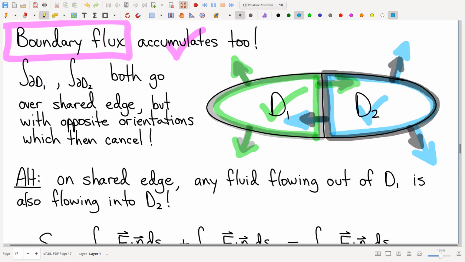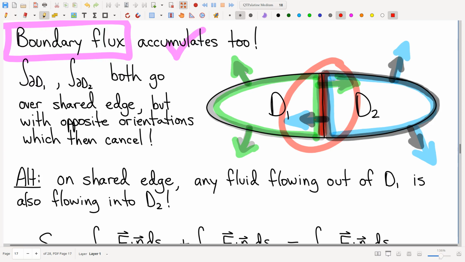Okay, do these add up correctly? I'm concerned about this shared edge here and the fact that it appears twice, and that's not part of the boundary of the whole. The whole is this whole lump. The boundary is just the elliptical curve around the outside.